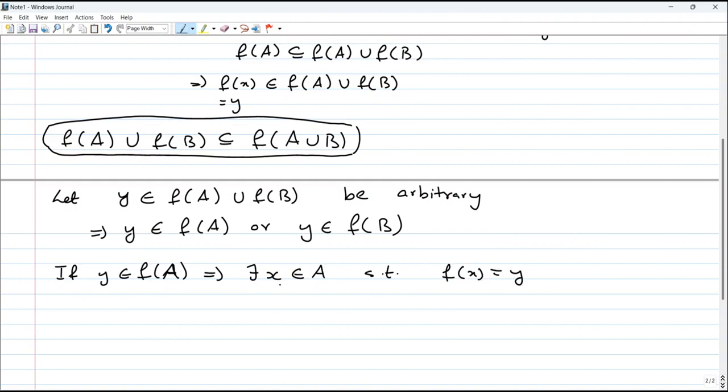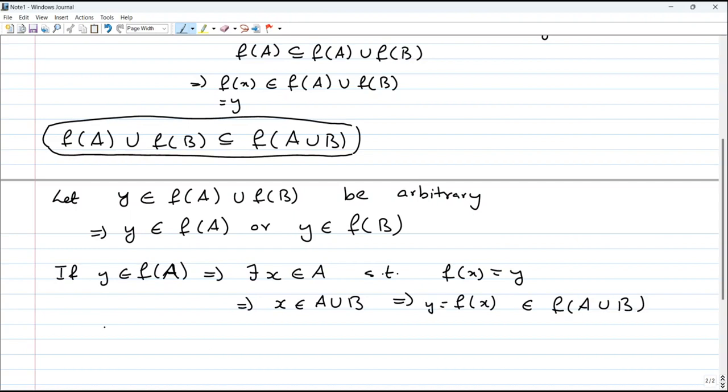Okay, but x is in A, but A is inside A union B. So this implies x is in A union B. This implies f of x is in f of A union B. Okay?